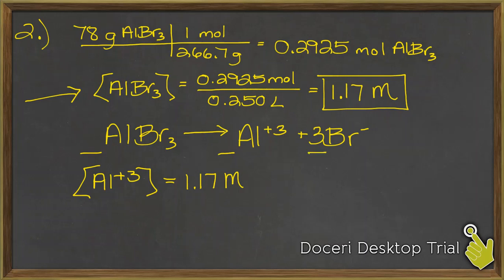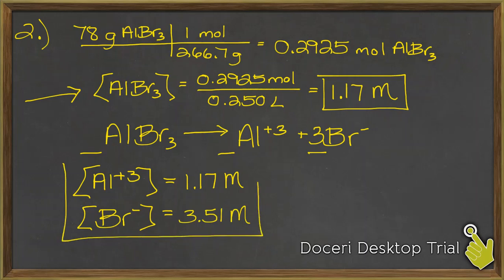That's a 1-to-3 ratio. And the molarity of that ion is 3 times the molarity of aluminum bromide, and that comes out to be approximately this number. So if you're ever asked to calculate the molarity of an ion, you need to think about a reaction like this. How does that solute break apart? Is it balanced? And then look at the ratios.